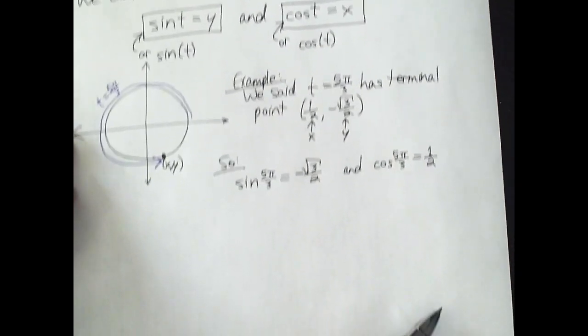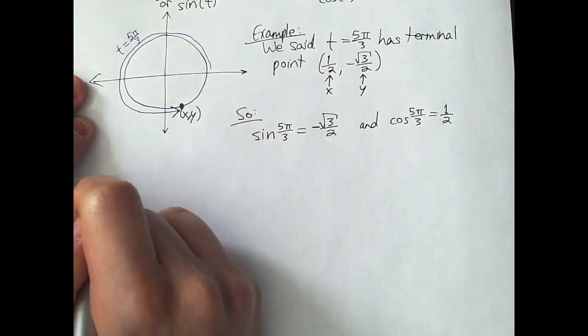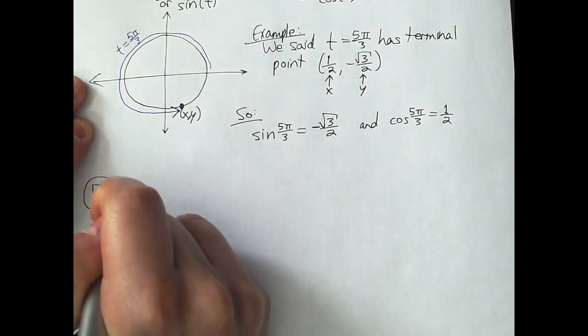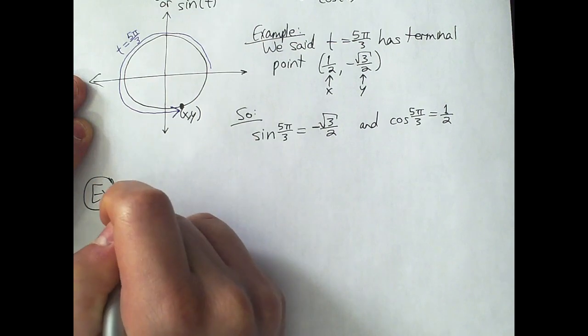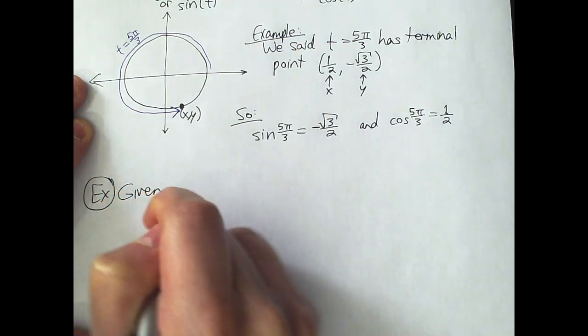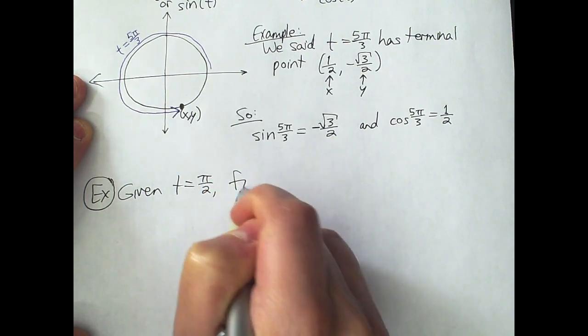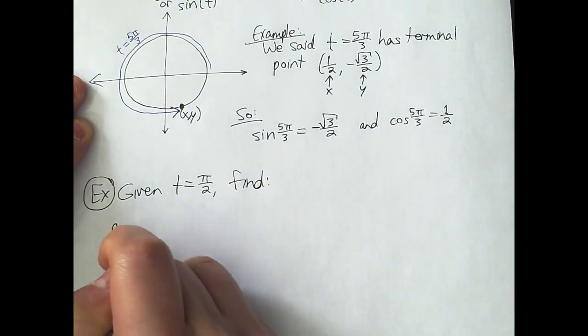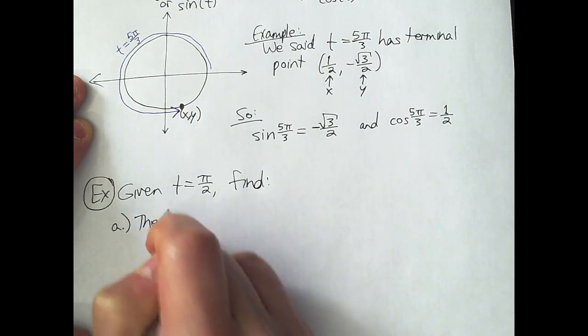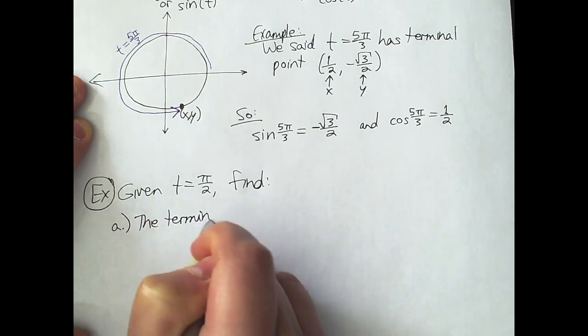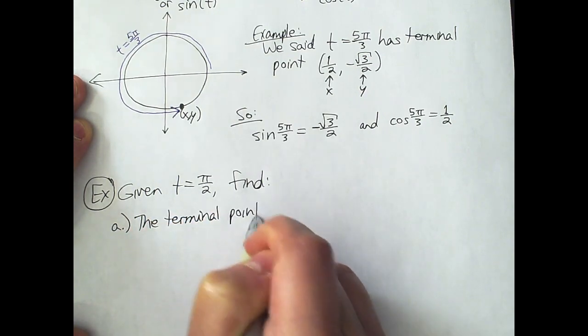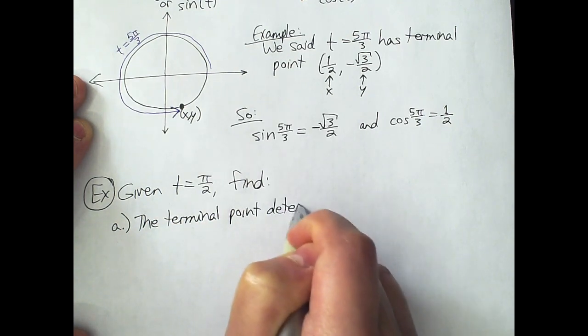Here, let's do a quick problem. We'll do this one together. Maybe I'll start it and then I'll ask you to finish it. So given a t value, t equals pi over 2, I'm going to ask you to find part A. First, I'm going to ask you to find the terminal point determined by t.